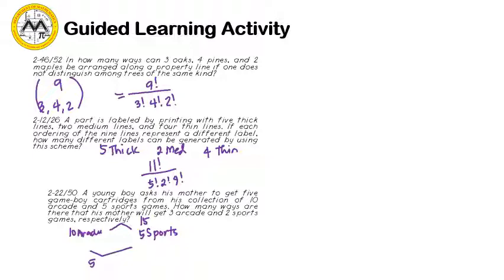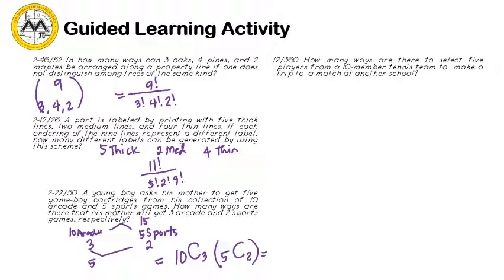From the 10 arcade, we're going to select 3, and from the sports, you're going to select 2. How many ways are there that his mother will get these cartridges? So that would be 10 choose 3, and also 5 choose 2. So multiplying the results, that would be the final answer.